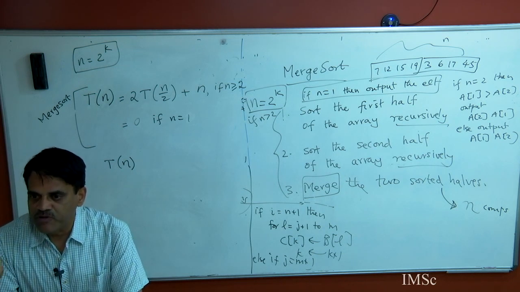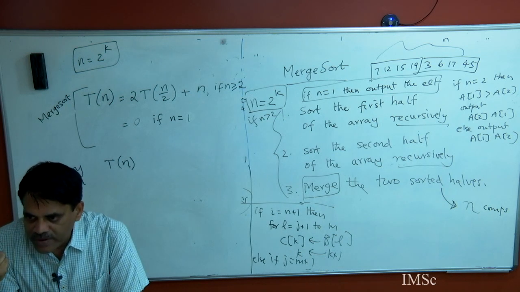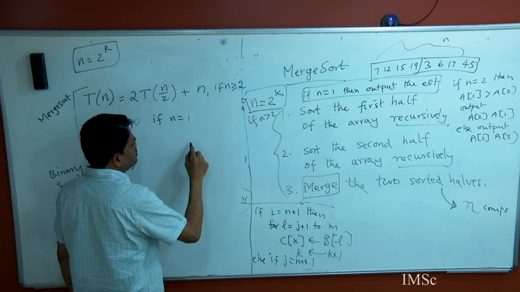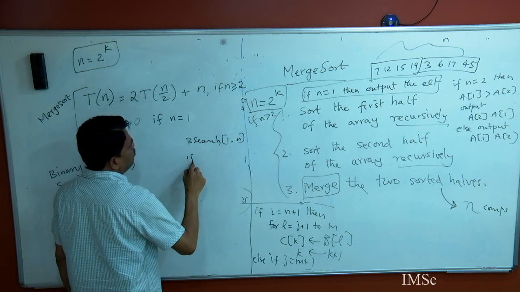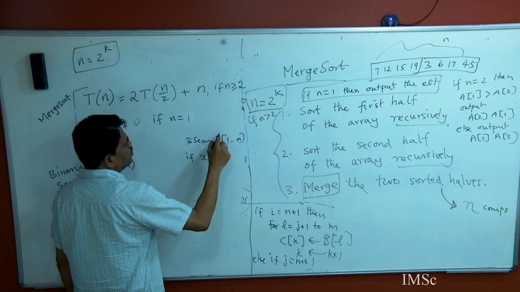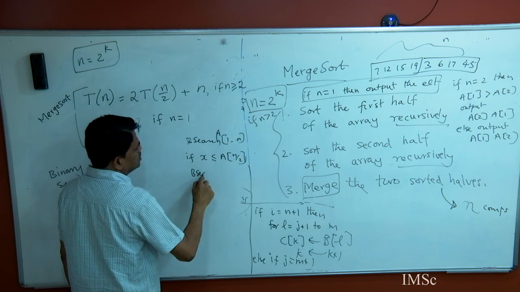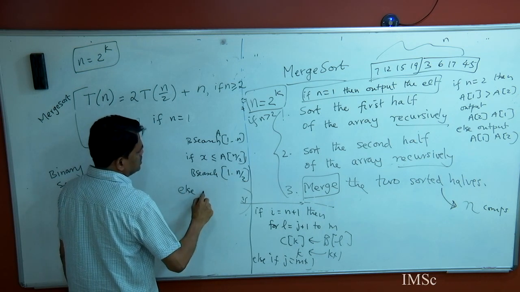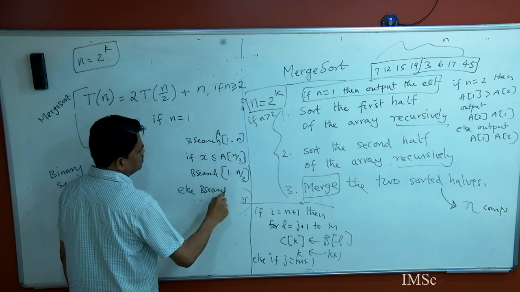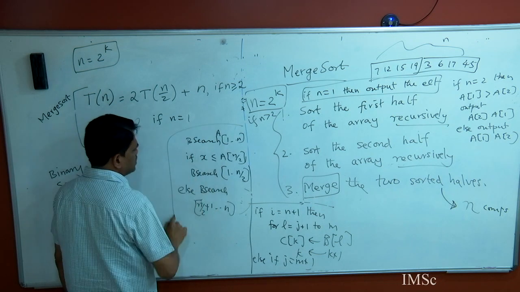So, what is the first step of binary search? Compare it with the middle element, right? So basically what is binary search? You can say 1 to n: if my element x is less than or equal to, let us say, a[n/2], then search in 1 to n/2, else search in n/2+1 to n. So, that is my binary search, right.